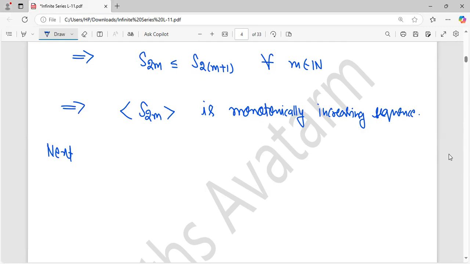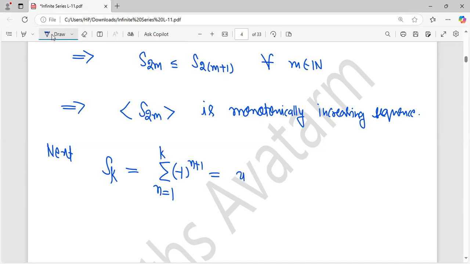Okay. Next, what is S_k? S_k is equal to the summation, n goes from 1 to infinity, of minus 1 to the power n plus 1 u_n, up to k.